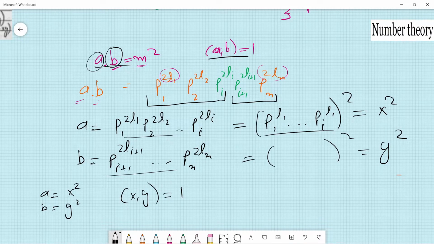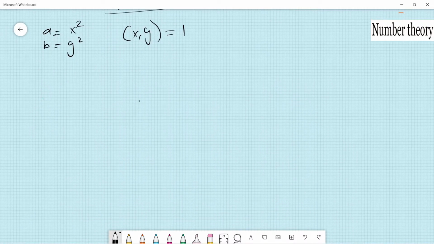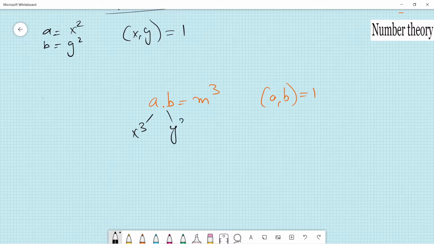So similarly, if we had, say, ab equals m cubed, and GCD of a and b was given to us as 1, so from here we can say a will be x cubed and b will be y cubed for some integers x and y, and m will be equal to xy.